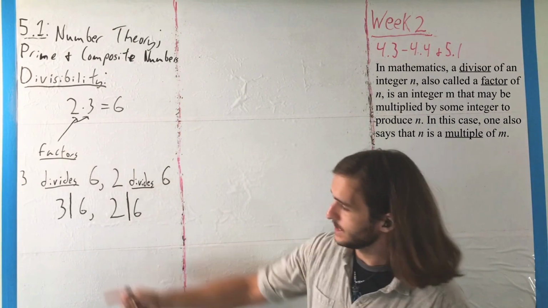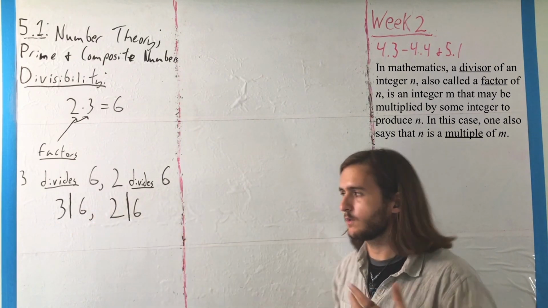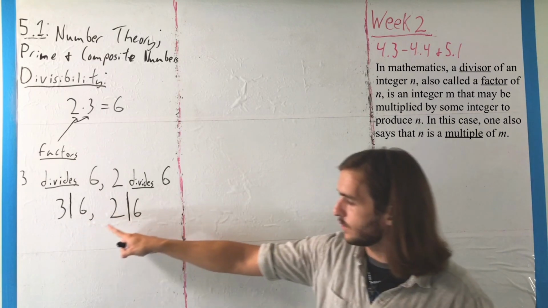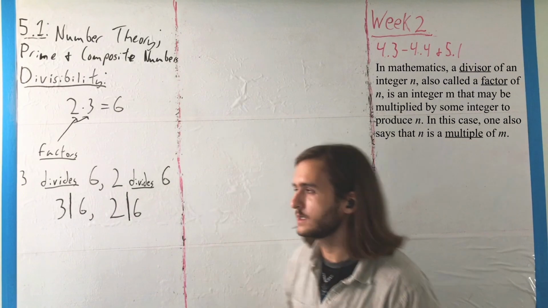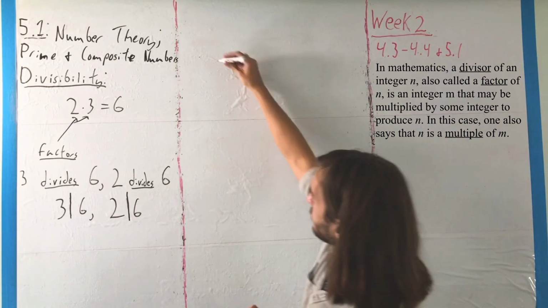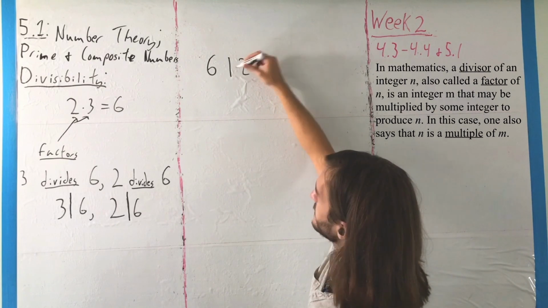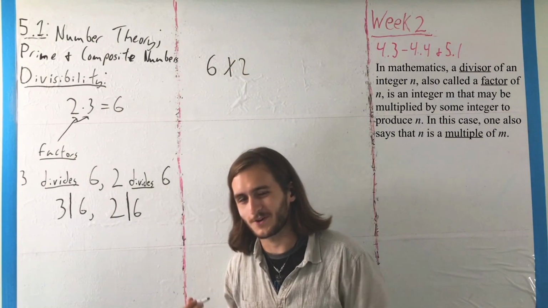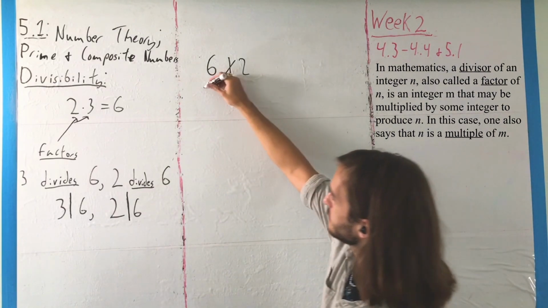And we have that special notation there where we put the smaller one, a vertical bar, and the bigger one, where this is read as 3 divides 6, or 2 divides 6. And that direction is important. For example, if we tried to flip it, we would not have that 6 divides 2, so we draw a diagonal line through the vertical line to say that 6 does not divide 2. That's how this is read.